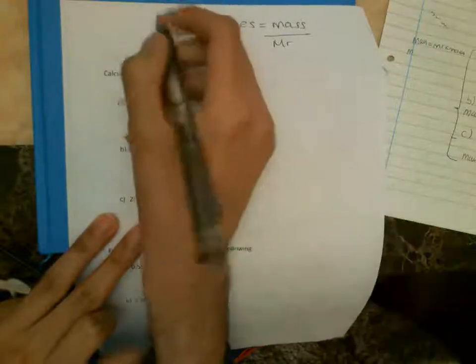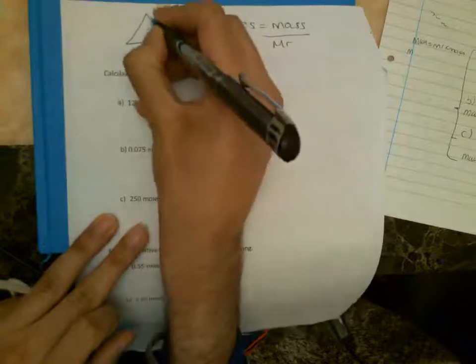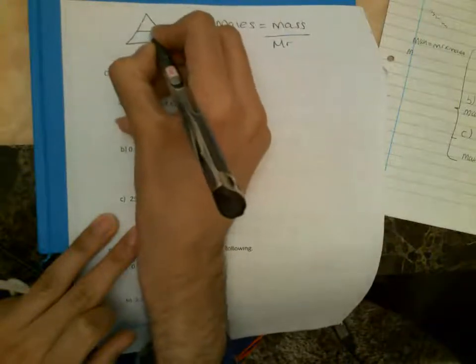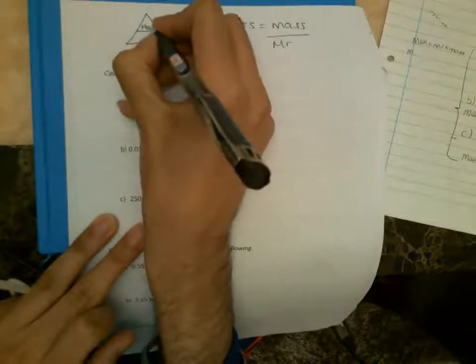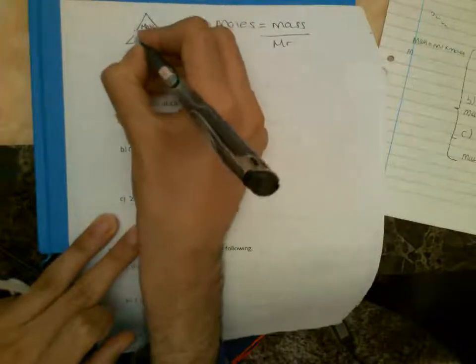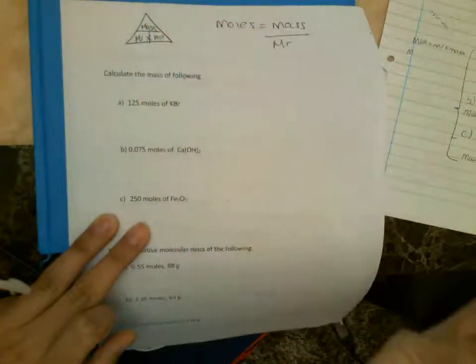But some people, as we know, prefer triangles. Equation triangles. An equation triangle would have mass at the top, then MR at the bottom, and moles over here.